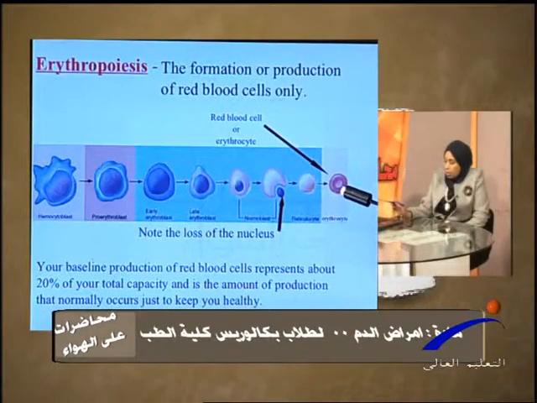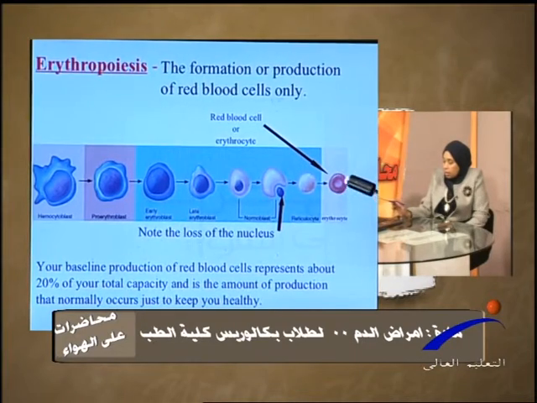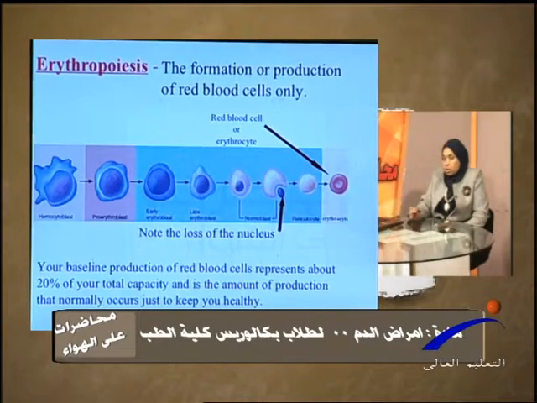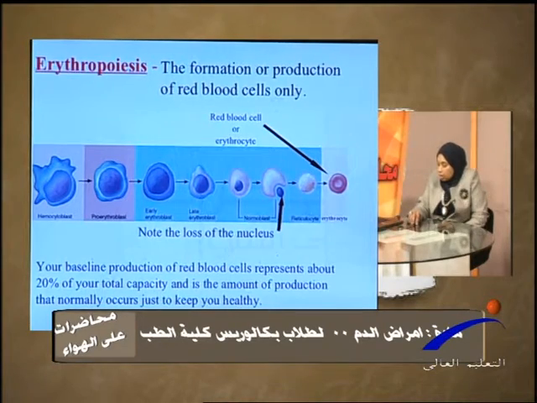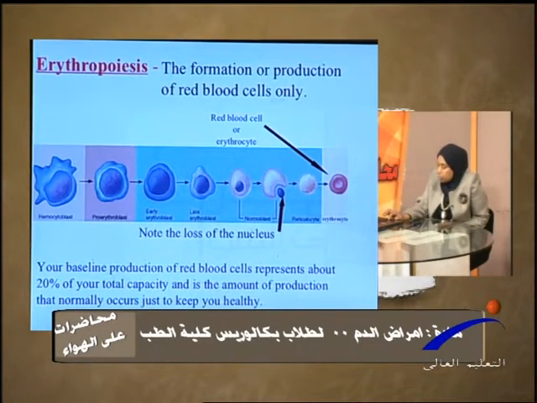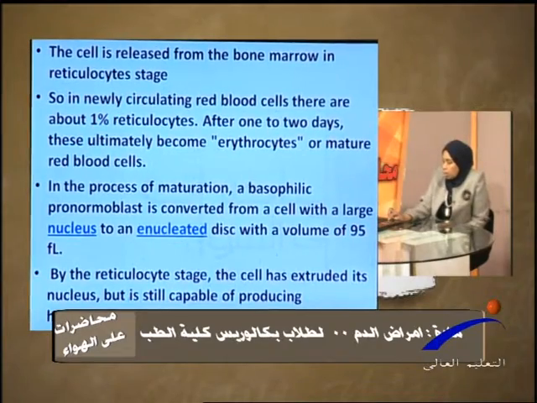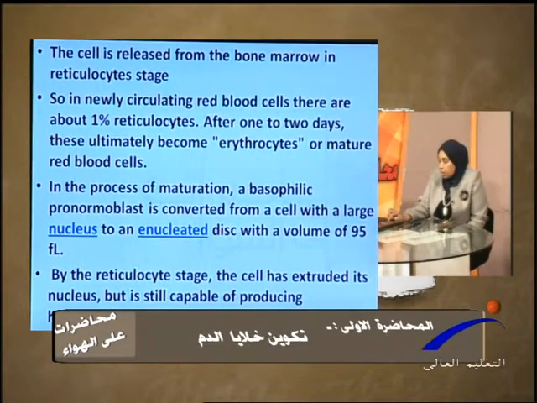And the mature RBCs, as I mentioned before, are non-nucleated or enucleated cells with a diameter of 6 to 8 micrometer, but actually it is around 8. So the cell is released from the bone marrow at the reticulocyte stage and circulates in the range from 0.5 to 2.5%.